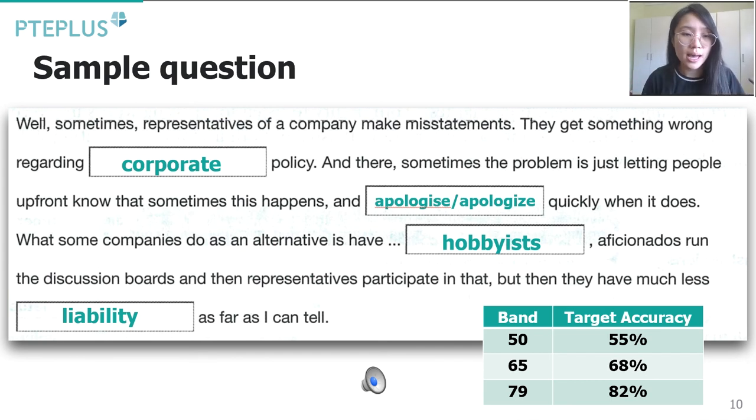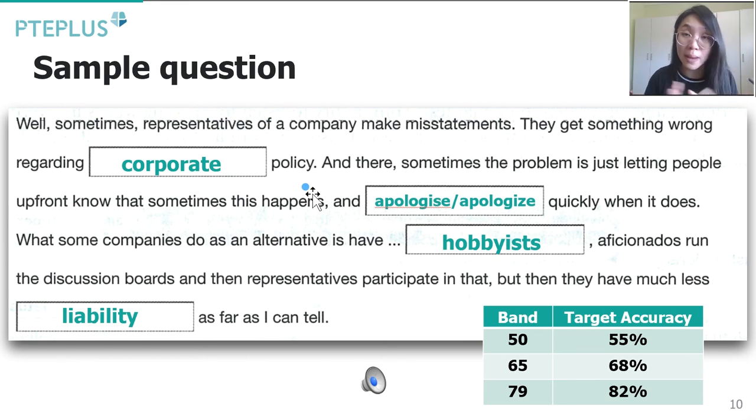Okay, and now over here, a couple of things that you want to look out for that are a bit tougher about this passage. The first one is the word corporate. He went through that pretty fast while the speaker was saying the words corporate policy. It's really quite fast. Now corporate policy tends to be a bit of a collocation.